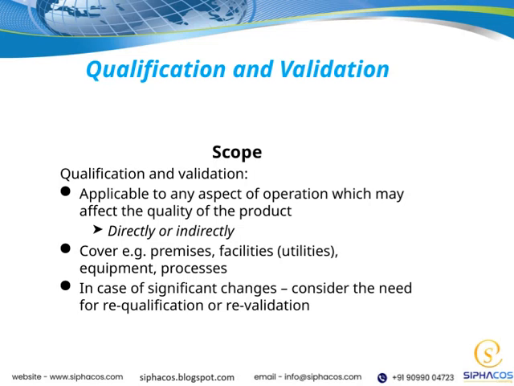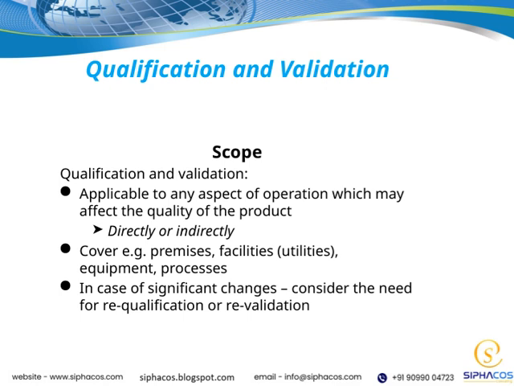Now, let's talk about the scope of qualification and validation. These processes are applicable to any part of our operation that could impact the quality of the product. This means they cover both direct and indirect factors. For example, they include premises, facilities such as utilities, equipment, and the processes we use.